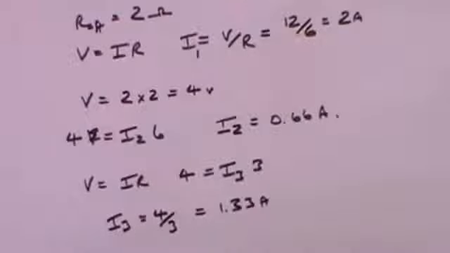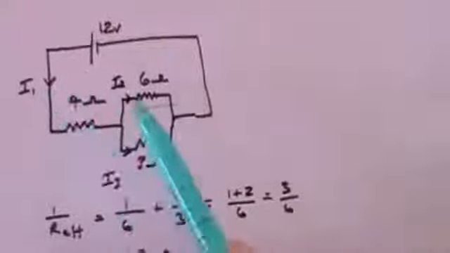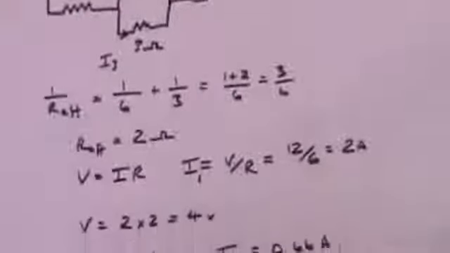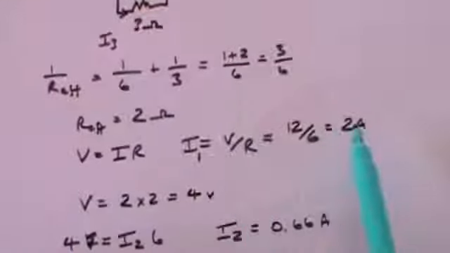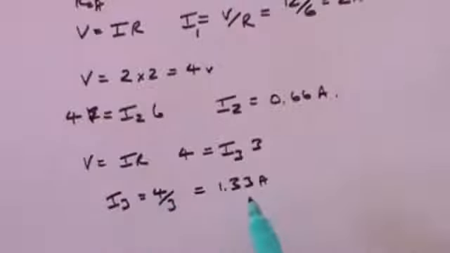So now we've found all 3 currents that we were asked to find: I1, I2, I3. I1 we discovered was 2 amps, I2 was 0.66 amps, and I3 was 1.33 amps.